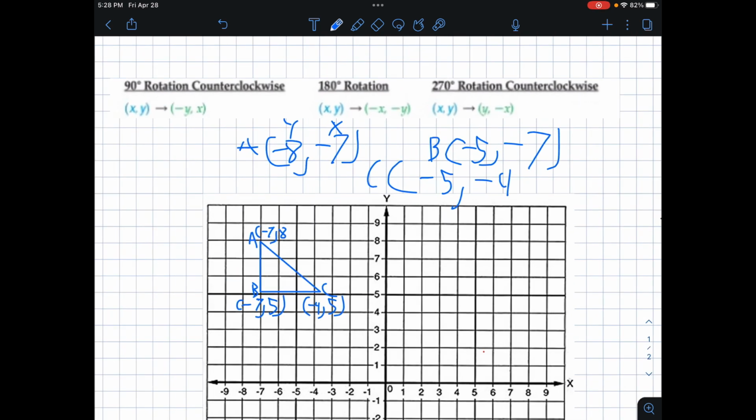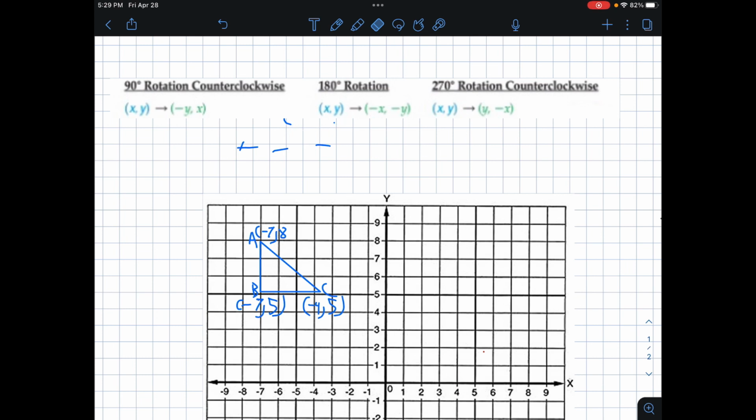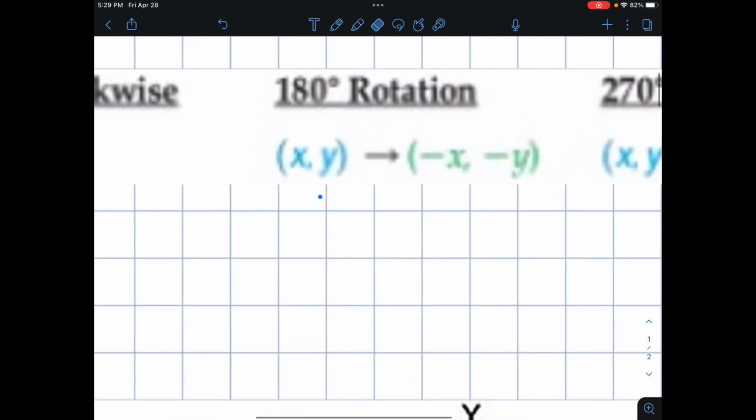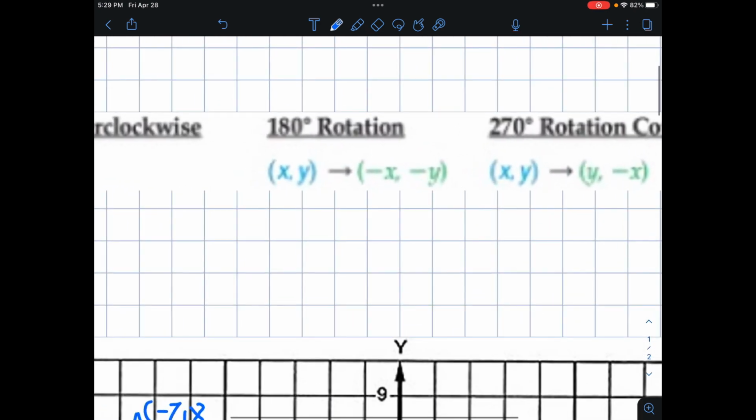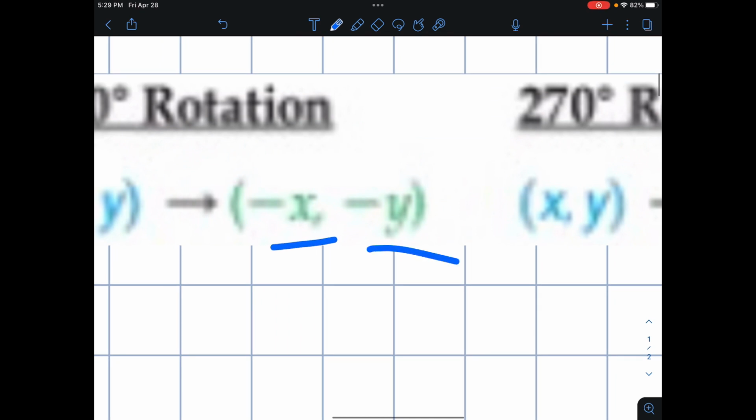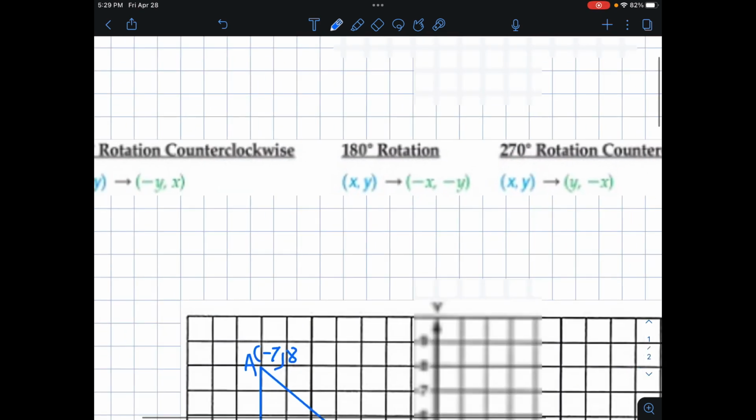Now, for our second one, this will be 180 rotation. So instead of swapping, why don't I erase? There we go. Now, instead of swapping x and y and turning them negative, it's now just making them both negative.